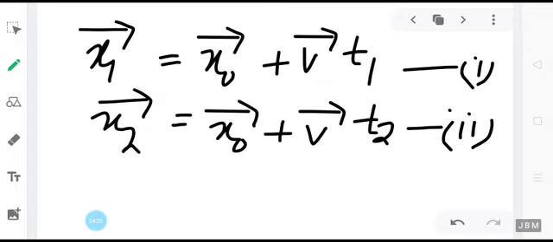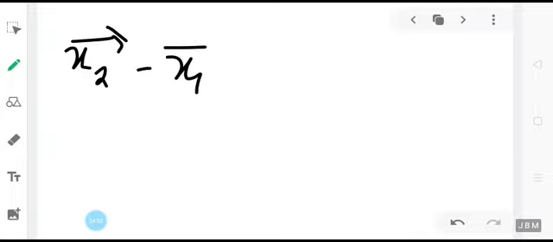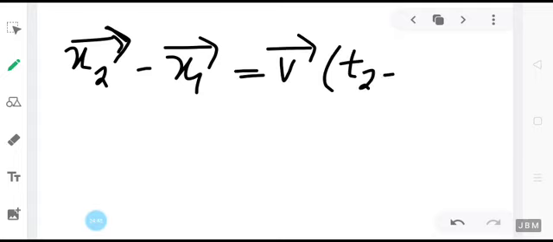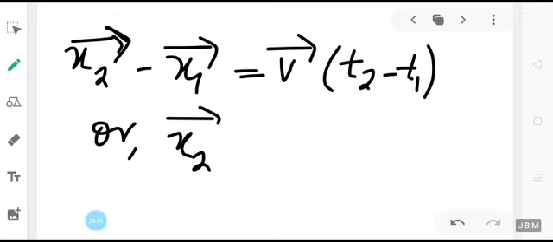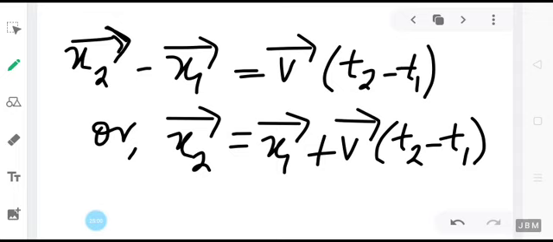So subtracting 1 from 2, we get x2 minus x1 equal to v times t2 minus t1, or we can write down x2 equal to x1 plus v times t2 minus t1.